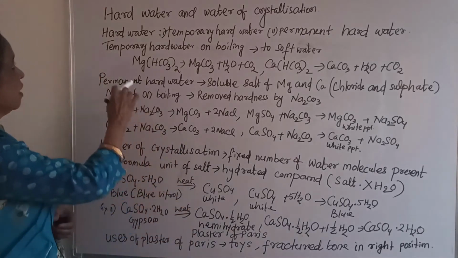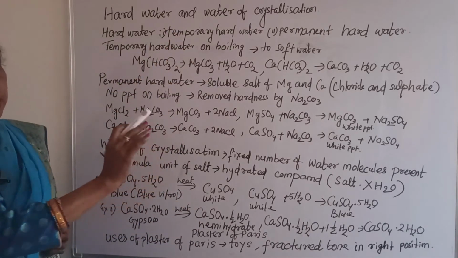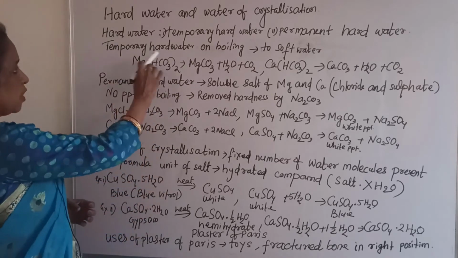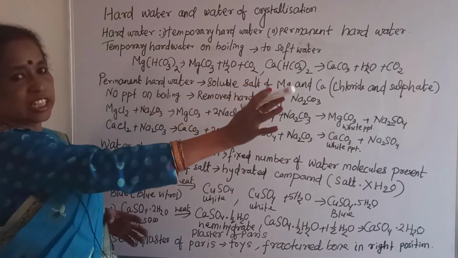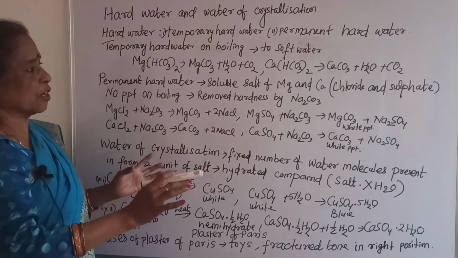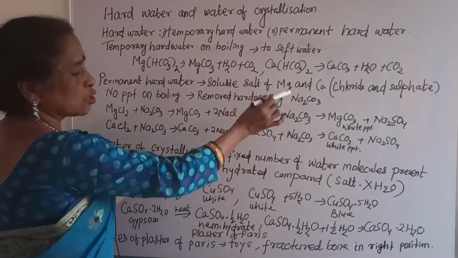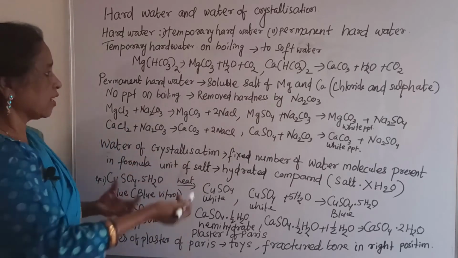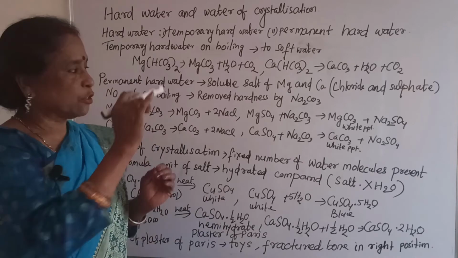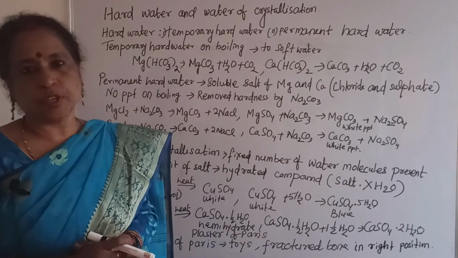Again, hard water has 2 types: permanent hard water and temporary hard water. Temporary hard water, already clear, changes to soft water simply on boiling. Permanent hard water contains magnesium and calcium chlorides and sulfates, which is why it cannot be removed simply by boiling. It is removed with the help of sodium carbonate.